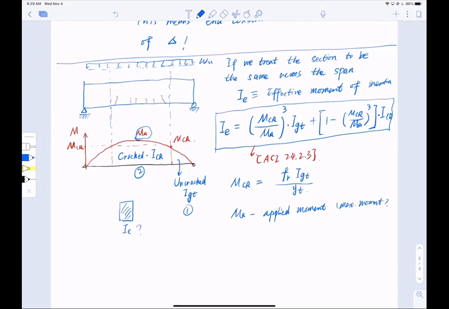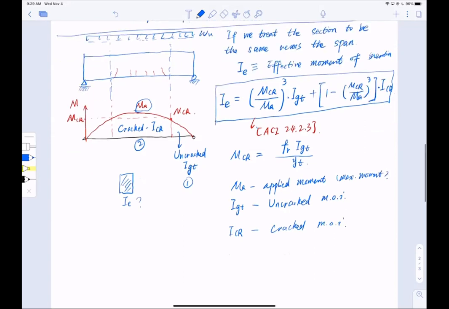IG is the uncracked section moment of inertia, and ICR is the cracked moment of inertia. So this is the equation to calculate the effective moment of inertia.